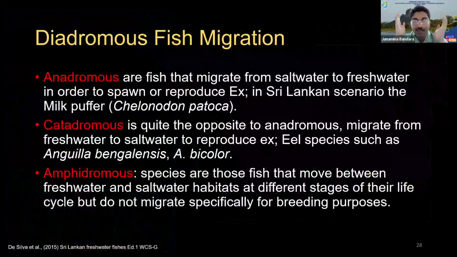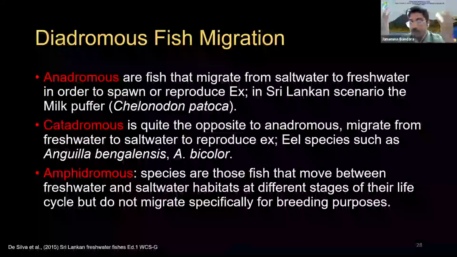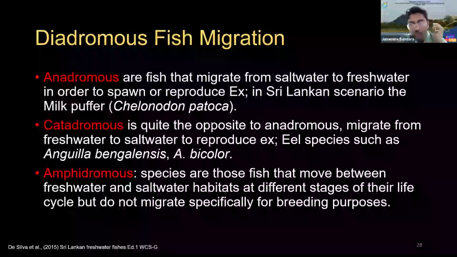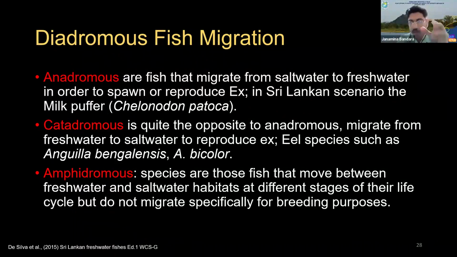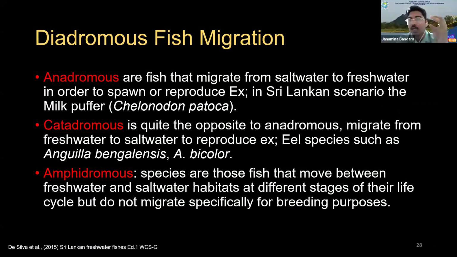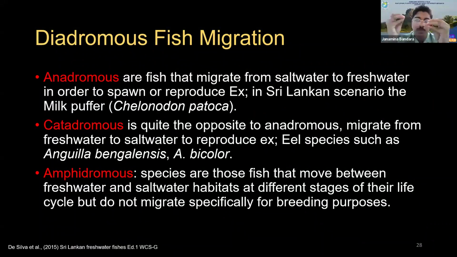Again, speaking of these estuaries and this sort of brackish water habitat, we have to consider unique types of fishes which use these brackish waters not to live for a very long time, but just to pass through. Some species we call diadromous migrants.